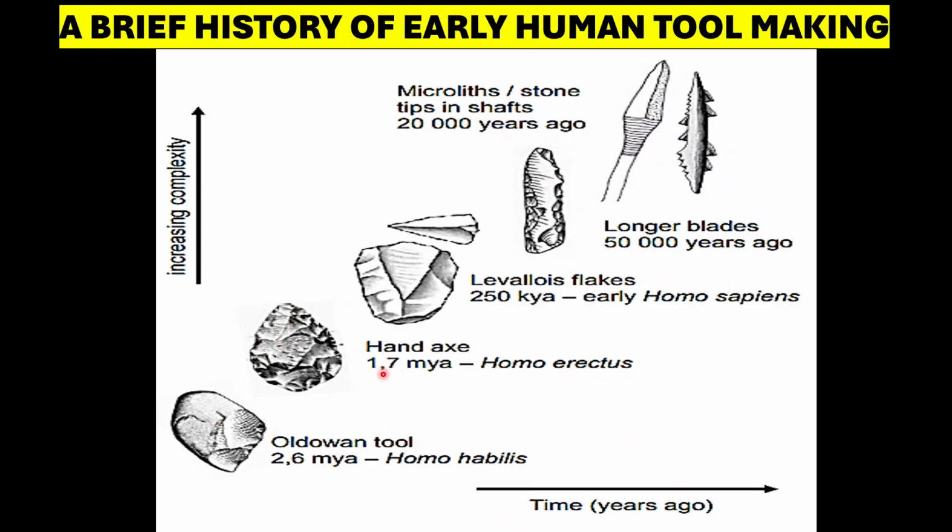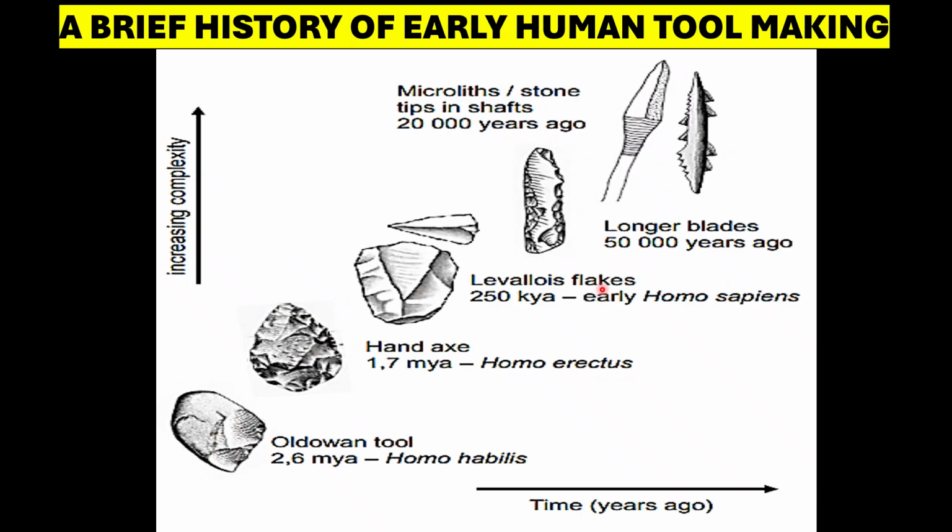And this tool was made some 1.5 million years ago by Homo erectus. And the brain size of Homo habilis is smaller than Homo erectus, or the cranium of Homo erectus is larger than Homo habilis. So Homo erectus is more intelligent than Homo habilis because you can see their tools are better developed than the one invented by Homo habilis.